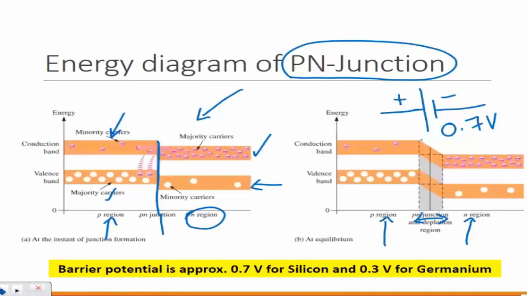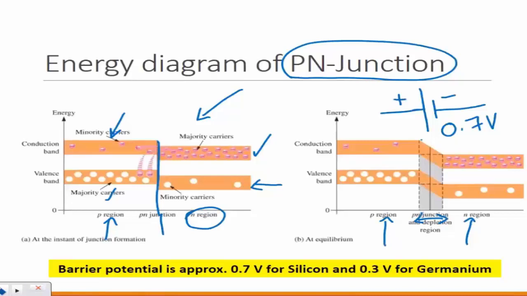So that's what happens at the p-n junction, at the instant of junction formation, but after a few microseconds of junction formation it may not be instantaneous. All the diodes you will use in the lab are already at room temperature. So when you test it, you're probably going to see 0.6, 0.65, 0.5, somewhere in the range of 0.5 to 0.7.